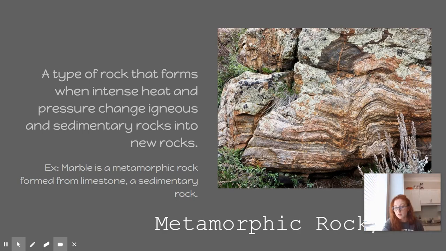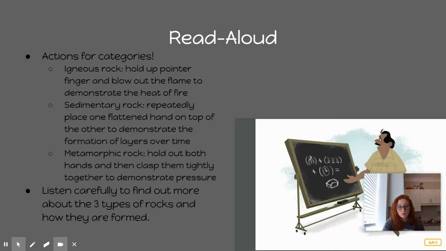So our hand signal for metamorphic rock is we're going to take this hand, and take this hand, and then we're going to squish them, kind of like our pressure hand motion, okay? So metamorphic rock.